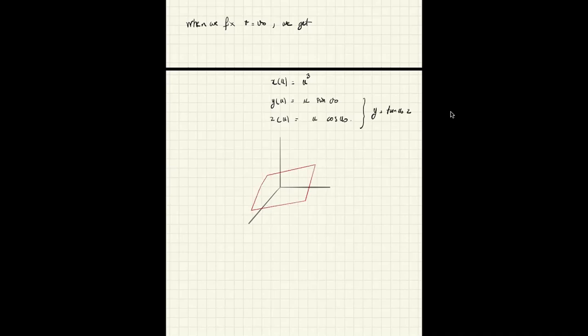You have the plane y equal to tangent u0. How do we know that it's on the plane? Because these two components satisfy this equation. So this is on the plane, right? And because x is also varying, it'll be something like that.